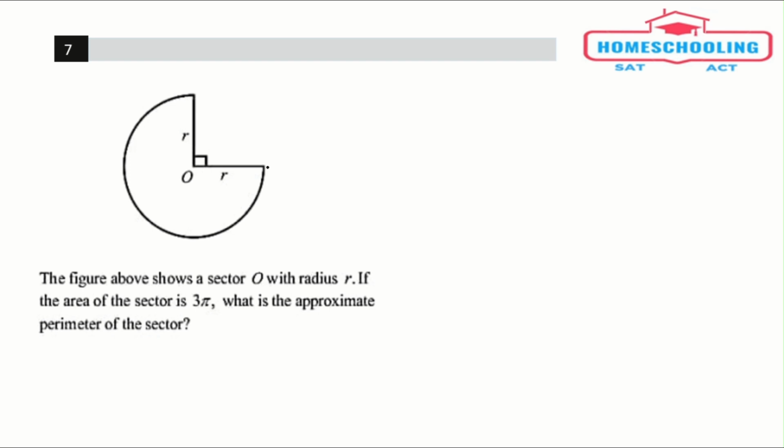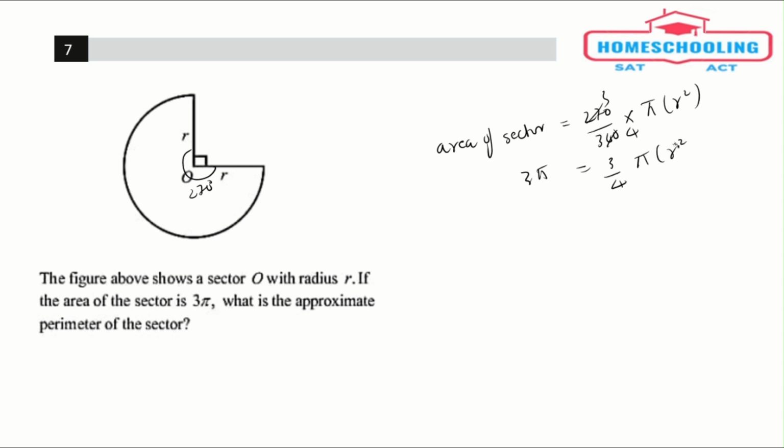Perimeter plus 2r. So first, in the question, area of sector: as we know this is 90 degree, so this is going to be 270 degree. Area of sector is theta by 360, so 270 by 360 into pi r square, and area is 3 pi, so 3 by 4 pi r square.